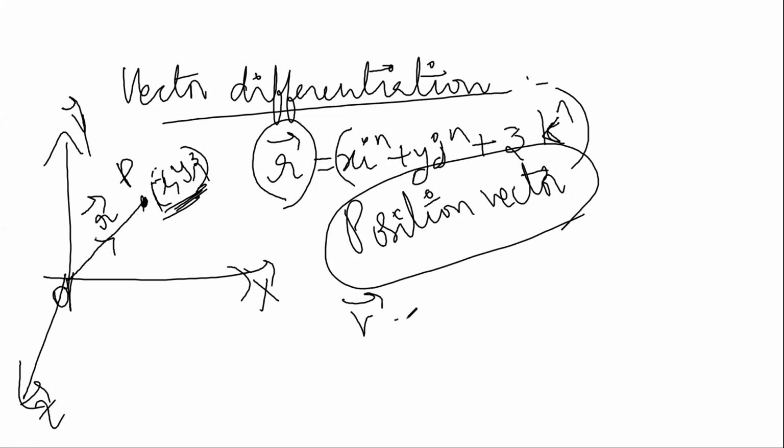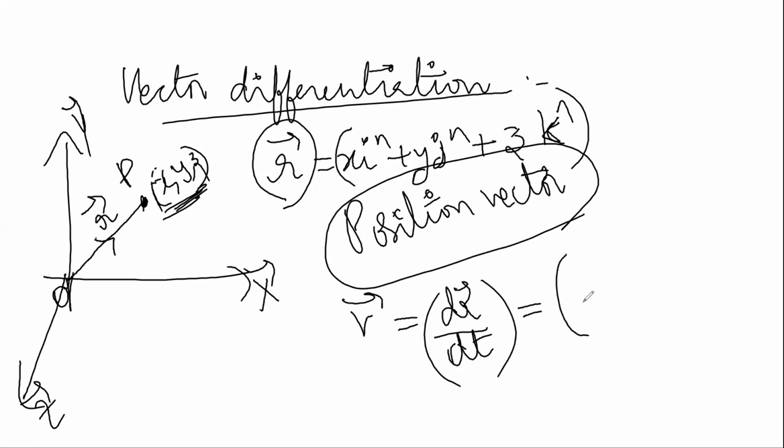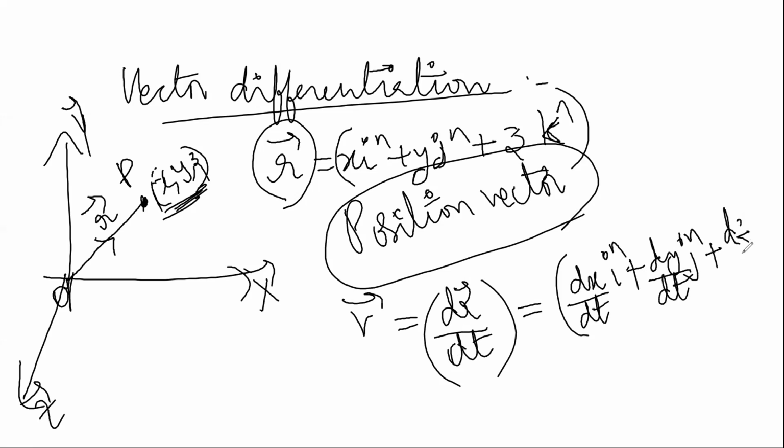Velocity is equal to the rate of change of displacement. You all know that. So dr by dt is given by dx by dt into i cap plus dy by dt into j cap plus dz by dt into k cap.